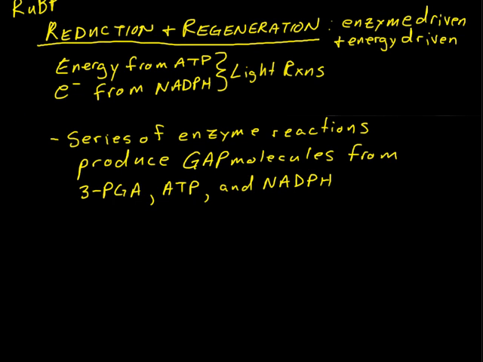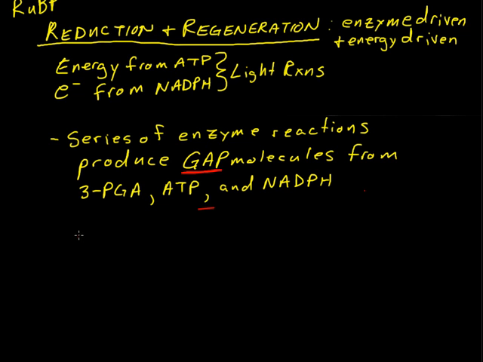So this is another step product in this system. So the ATP and the NADPH that were made initially in the light reactions are getting consumed here in the dark reactions out in the stroma.